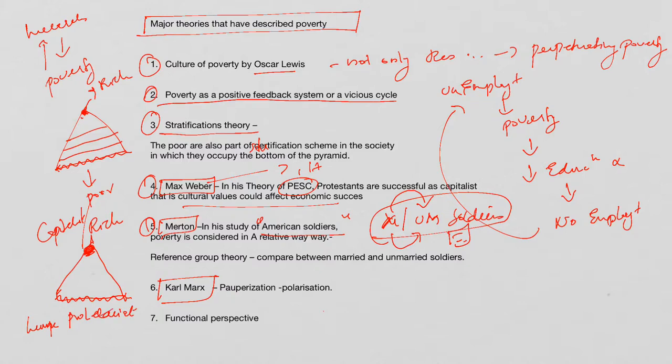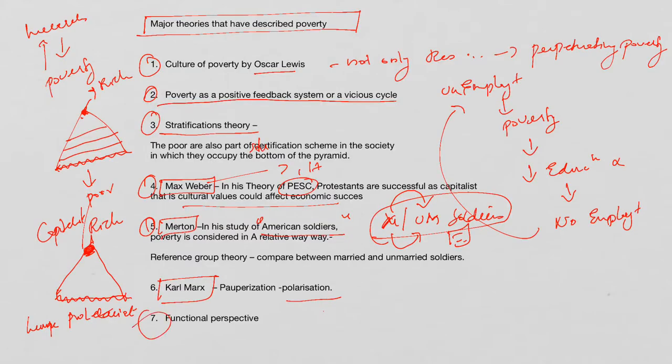That means ultra poor, very very rich, very very poor people. By this polarization theory, he says that the richer become more rich, the poorer continue to remain more poor, and there is an increase in mismatch between exchange value of labor and use value of labor. All these things Karl Marx is saying in the concept of polarization.